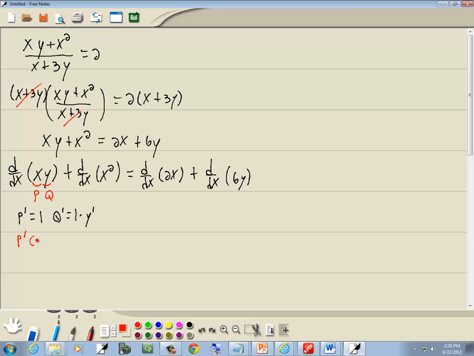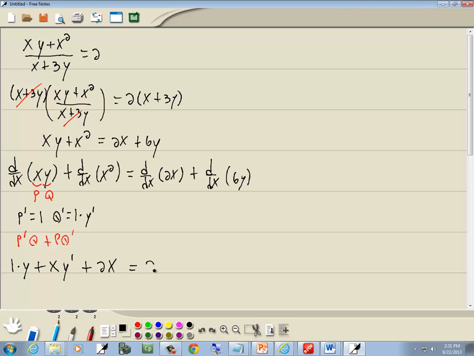So we're going to have p prime q plus p q prime. P prime we said was 1 times q, which is y, plus p, which is x, times q prime, which was y prime. Now the derivative of x² is 2x.